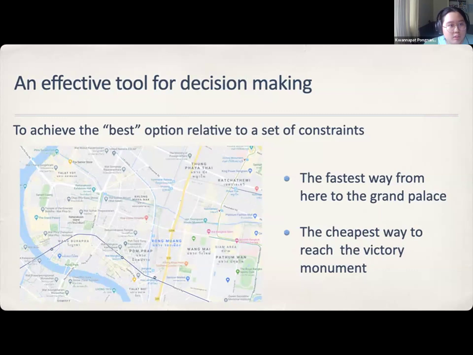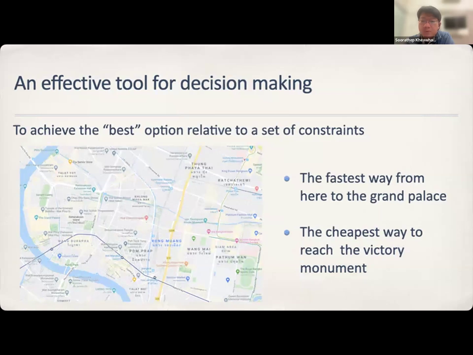Yes. And you see that it is an optimization problem, right? You have an objective. It depends, you choose the objective: the time used for travel or the cost you have to spend, okay? It means fastest way or cheapest way, right? And the rest will be your constraints.